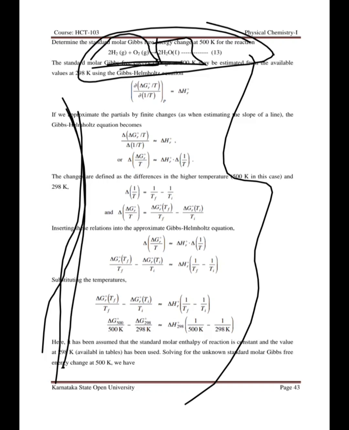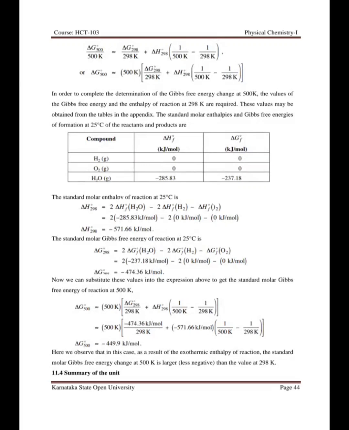And next, the compounds' delta H naught in joules per mole are given for the reactant and for the product. The product forms at so many joules per mole. For this you are going to calculate the free energy: product minus reactant.